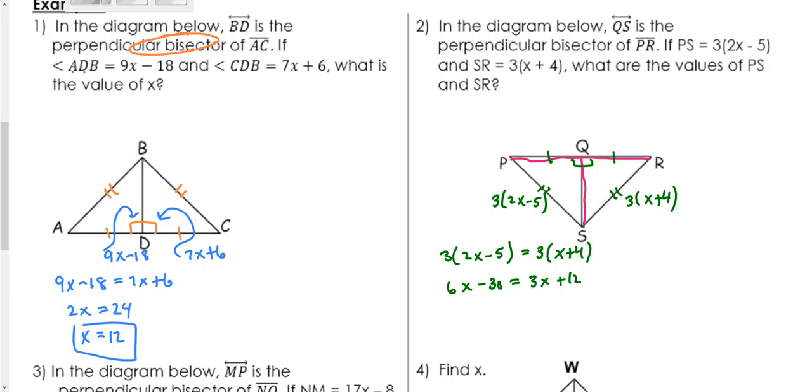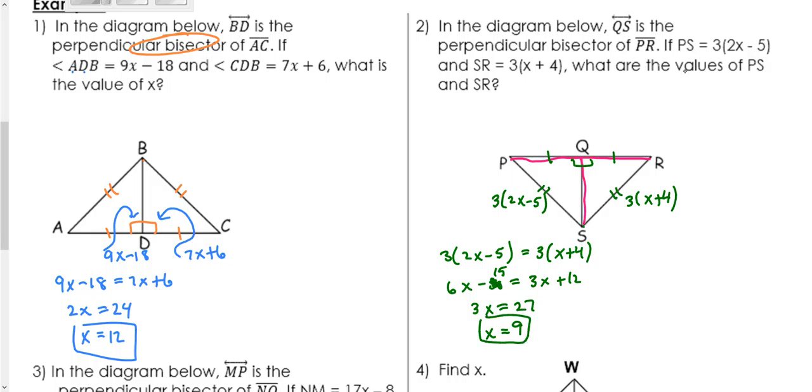Subtract your 3x, you get 3x. Add, oops, sorry, that's the wrong number, 15. Add 15 to both sides. You get 27, which means x is 9.